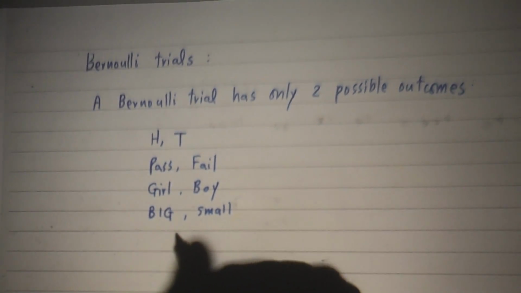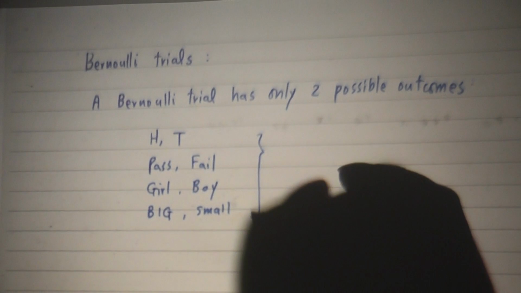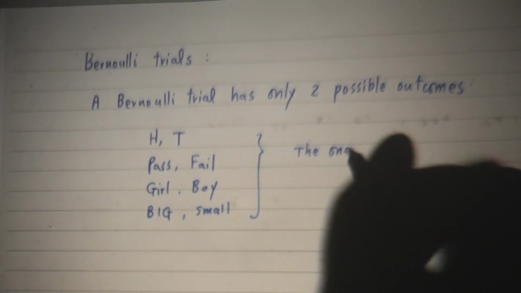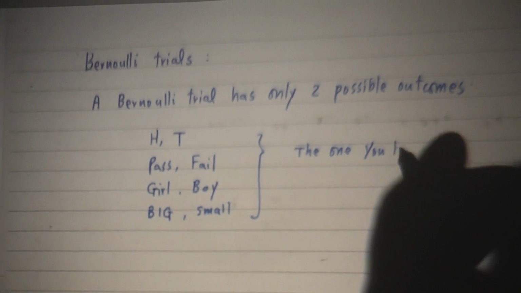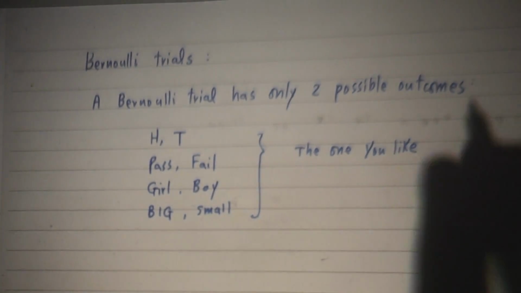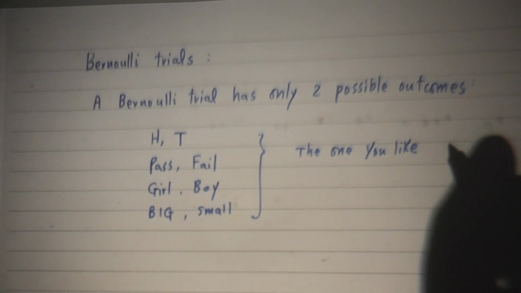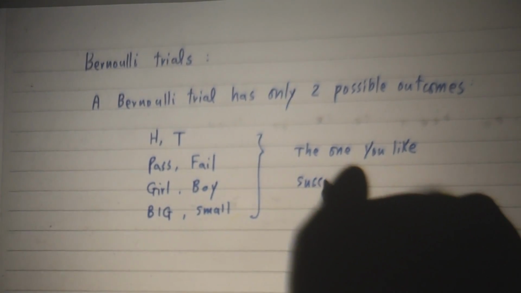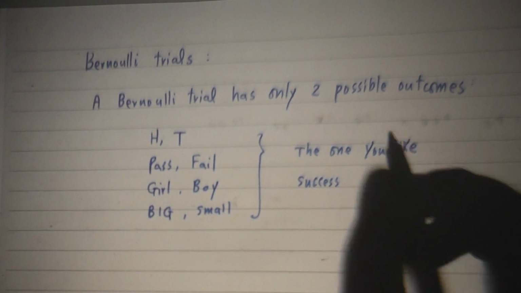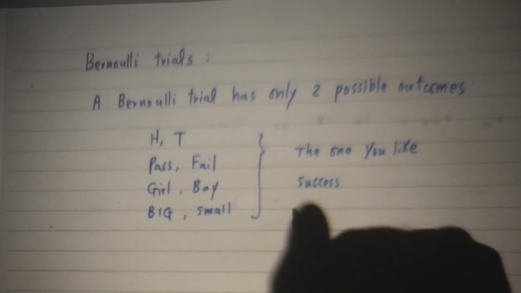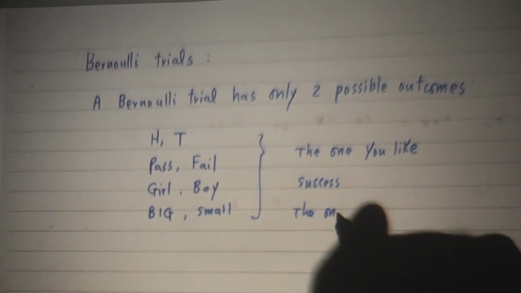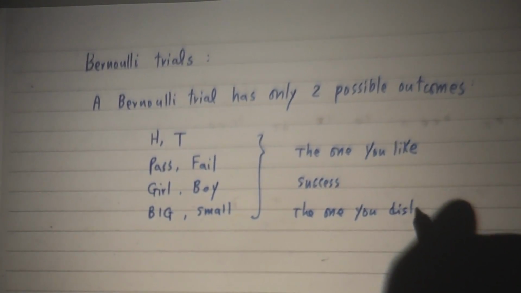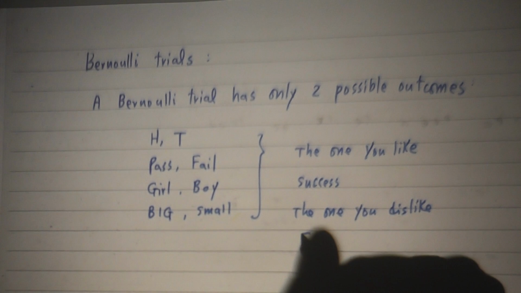Now, since it has only two possible outcomes, the one you like, you call it success. And the one you dislike, you call it a failure.